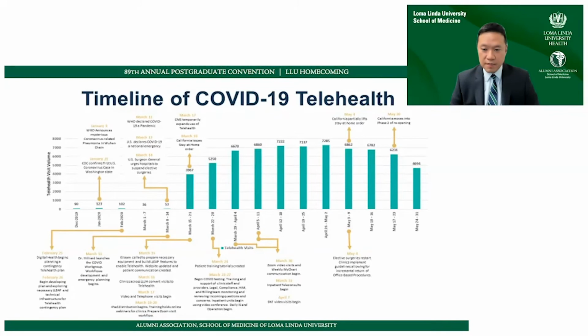If you look at this graph, you'll also see the weekly volume of telehealth visits that we had here at Loma Linda. And so you can see prior to March 15th, the California stay-at-home orders, we were doing maybe anywhere from 30 to 120 video, e-visit, e-consult type visits.